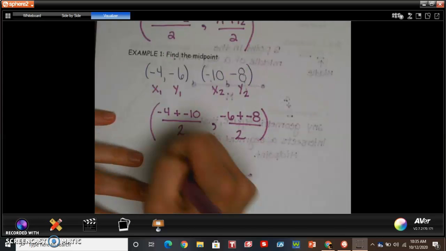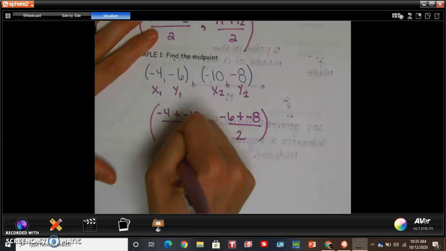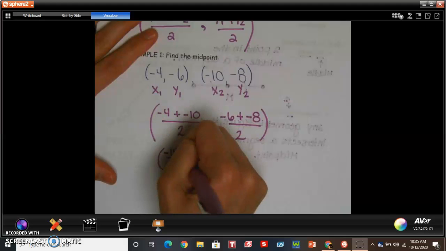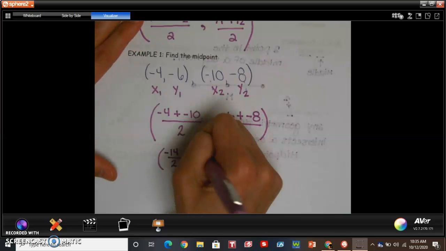All right, let's keep working on that. -4 plus -10. If you're not very good with your negatives, please use a calculator to solve these, okay? So we have -14 divided by 2. All right, and then we have -6 plus negative 8 gives us another negative 14 divided by 2.